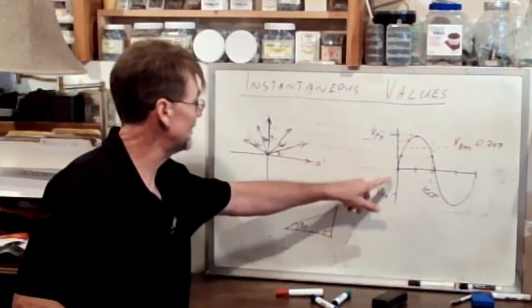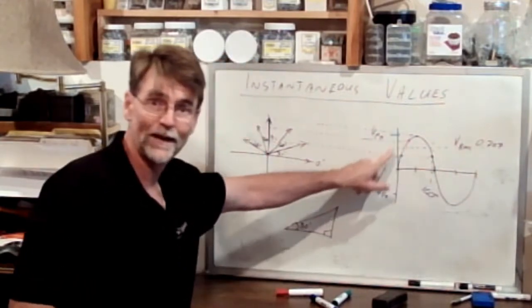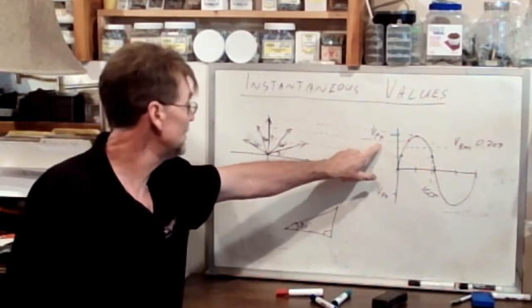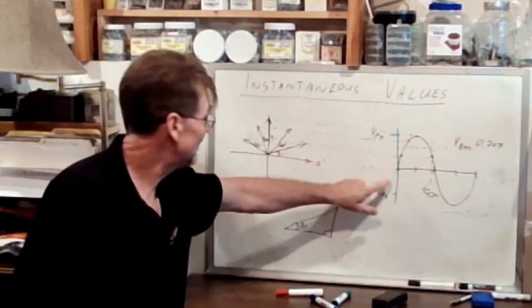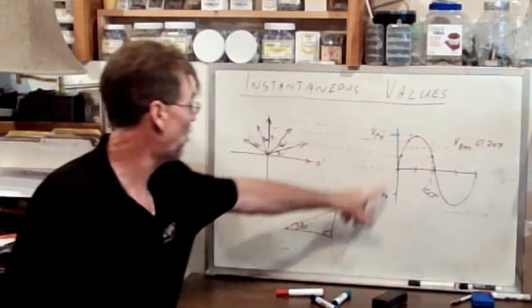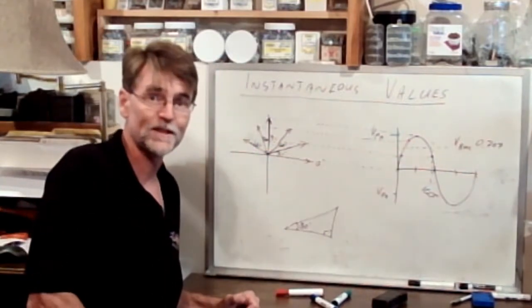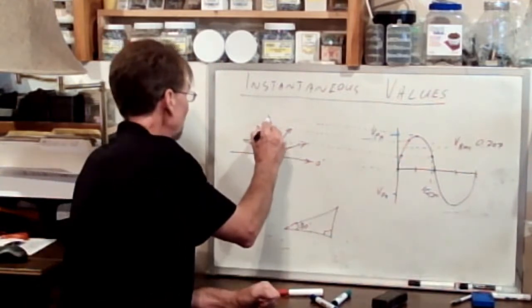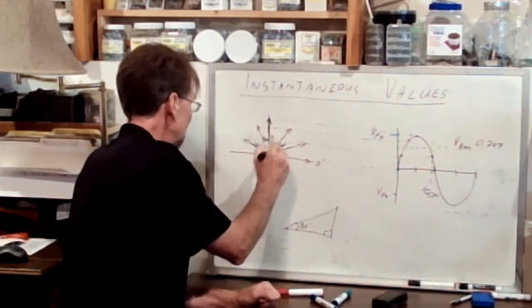So the only piece of information we need about our sine wave is its peak. And once we know V peak, we can determine the magnitude of any instantaneous point along the 360 degrees of the sine wave. Because every one of these vectors has that very same magnitude.